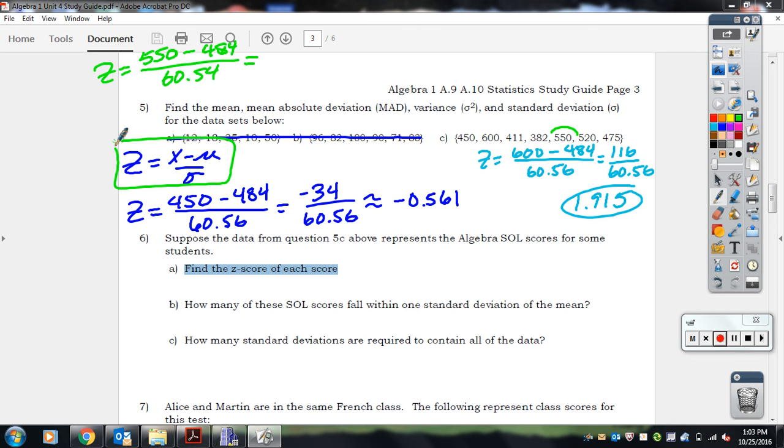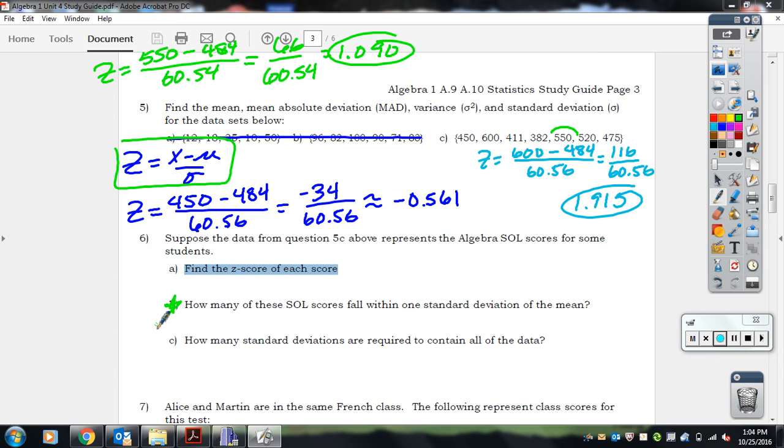This is 550 minus 484. So that's 66 divided by 60.56, which is 1.090.